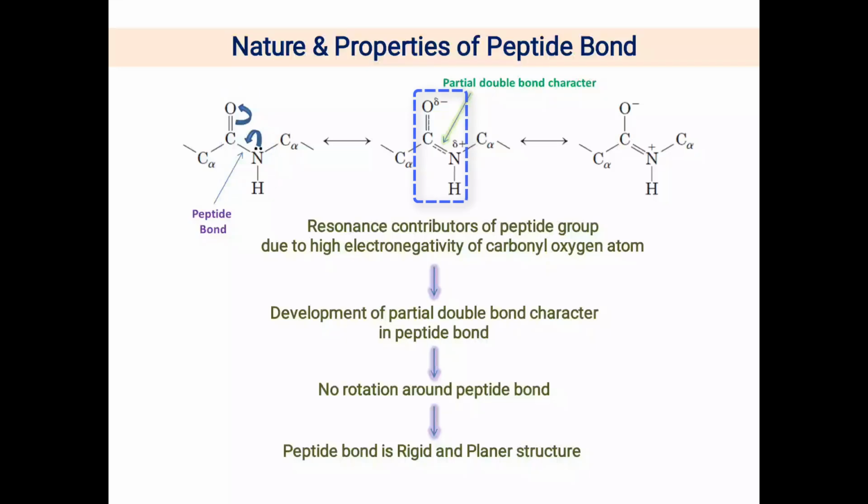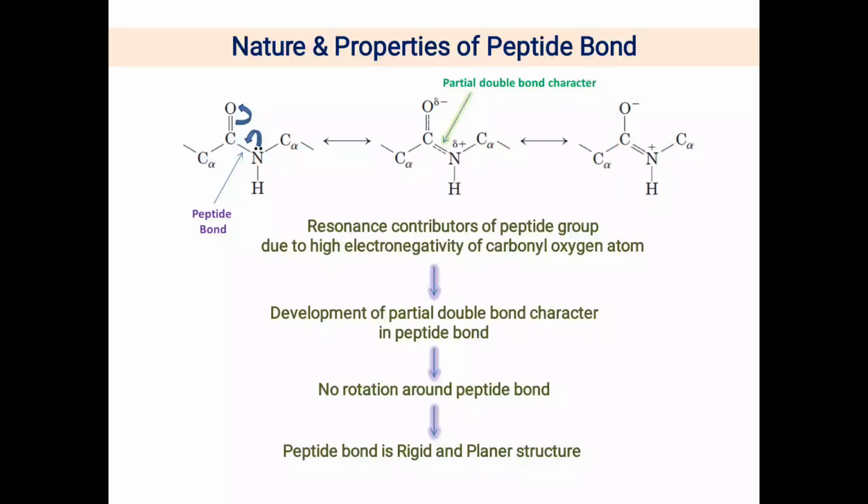In the middle structure, there is a partial double bond character because of the sharing of the lone pair of electrons between nitrogen and oxygen. Then there is the development of pure double bond character in the peptide bond, and also the development of a positive charge on the peptide nitrogen and a negative charge on the carbonyl oxygen.